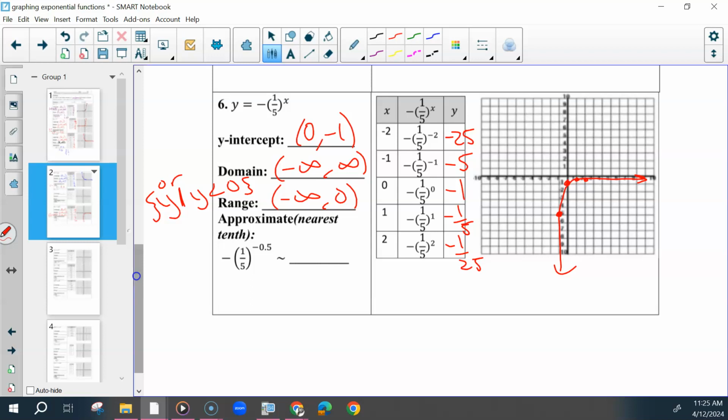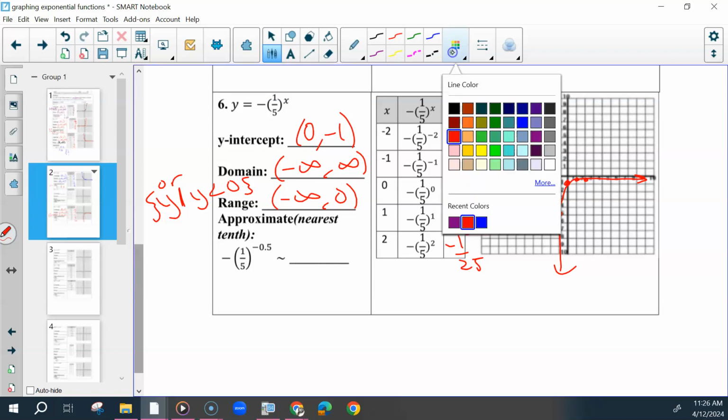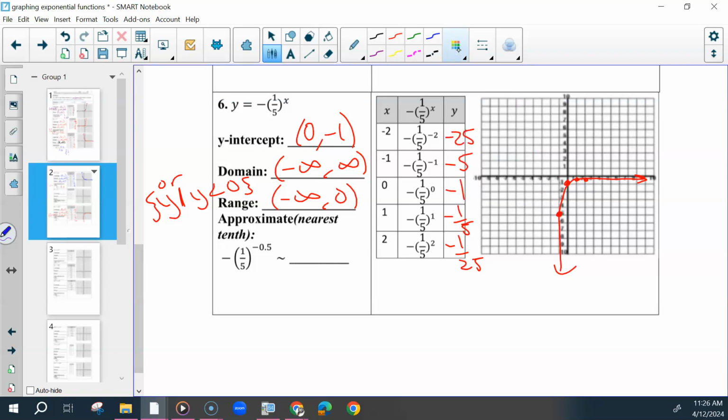Do we want to guess what this would be? We should. It's a fun exercise. There's some guesses out there. So at negative 0.5, I'm going to say it's between negative 1 and negative 5. Negative 4.2.